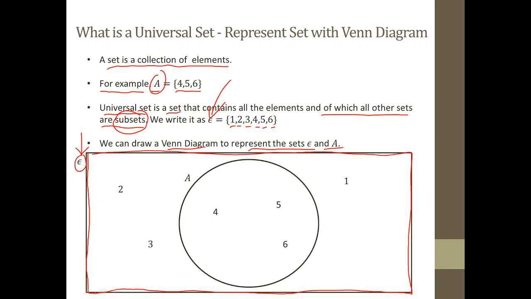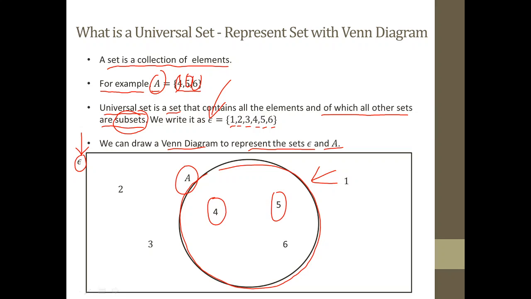Next, you draw set A as a circle. This circle represents set A, and you can see that set A contains the elements 4, 5, and 6. This set A, represented by a circle, is in the universal set.